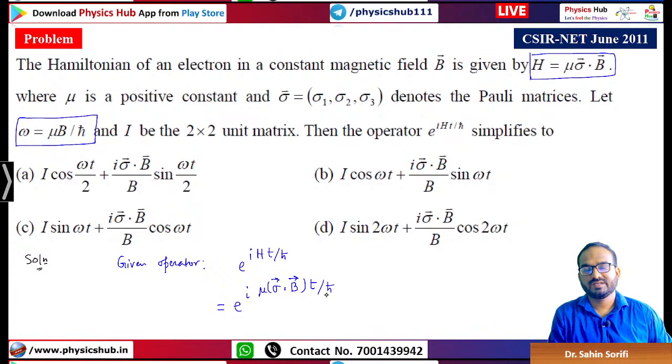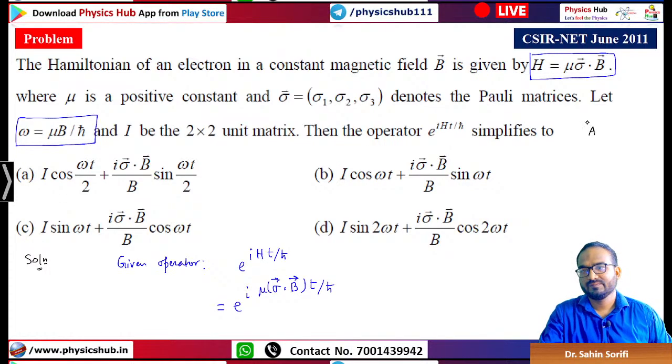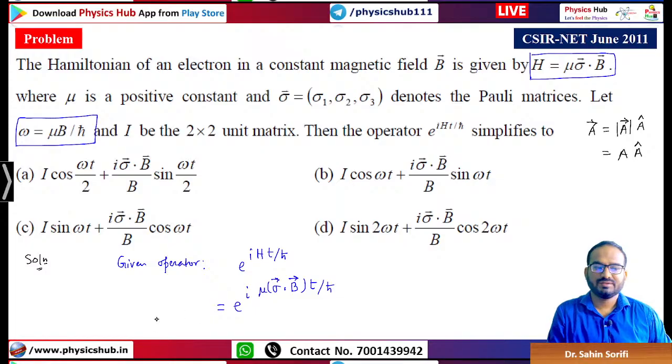Mu B by h cut, but it is given in the vector form B. Now you know, we can represent any vector as its magnitude and a unit vector along the direction. If I am not giving any vector sign, it means it represents the magnitude of that vector. You can write n cap also. So we are doing that same thing here.